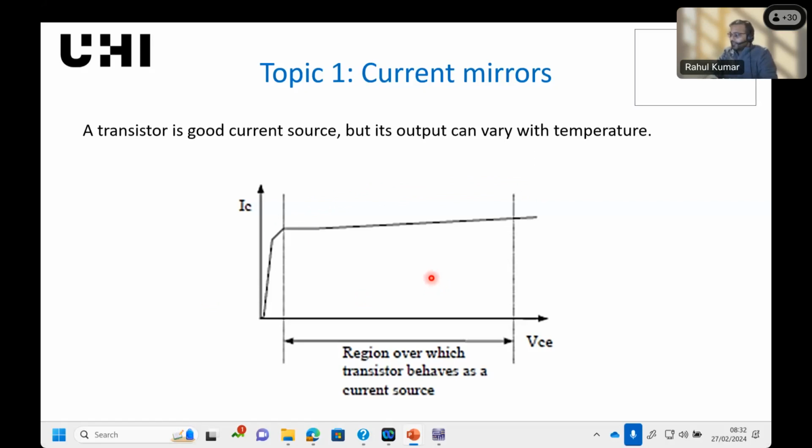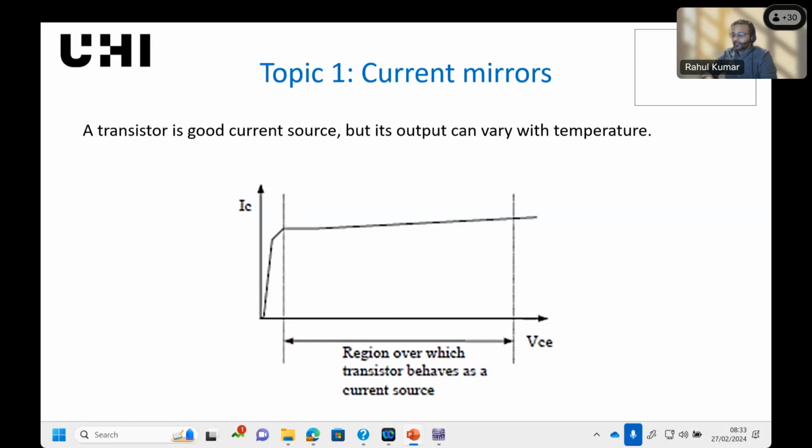As we have seen, the collector current is almost constant. In the transistor characteristic, this collector current is nearly constant, although it's slightly sloping upwards, but near about it's almost constant for a range of collector to emitter voltage, as long as we are in this region.